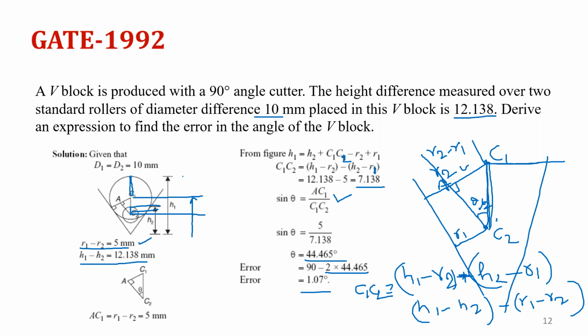By subtracting R2, the radius of the bigger roller, from H1, you get the C2 point. To get the C1 point, you subtract R1 from H2. Using this procedure, we find theta, and then find the error by subtracting twice this angle from 90 degrees.